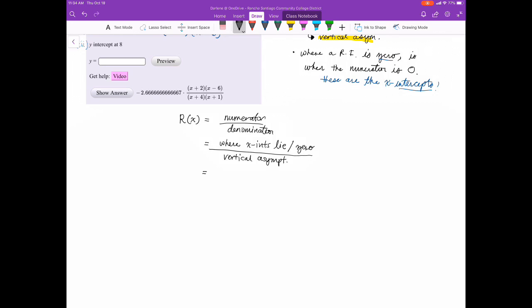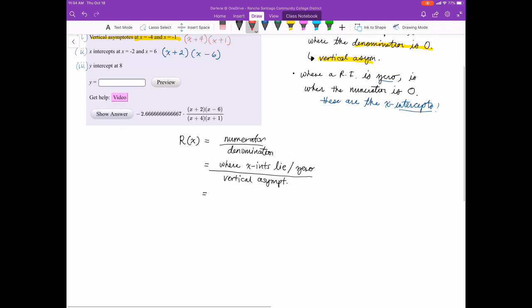So if I rewrite this rational function in terms of my factors that I wrote up here, the numerator would be x plus 2, x minus 6, and the denominator would be the vertical asymptotes, x plus 4 over x plus 1.